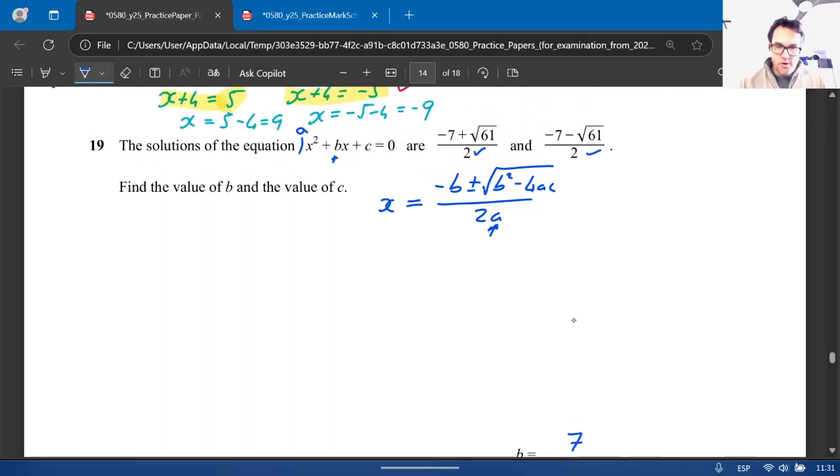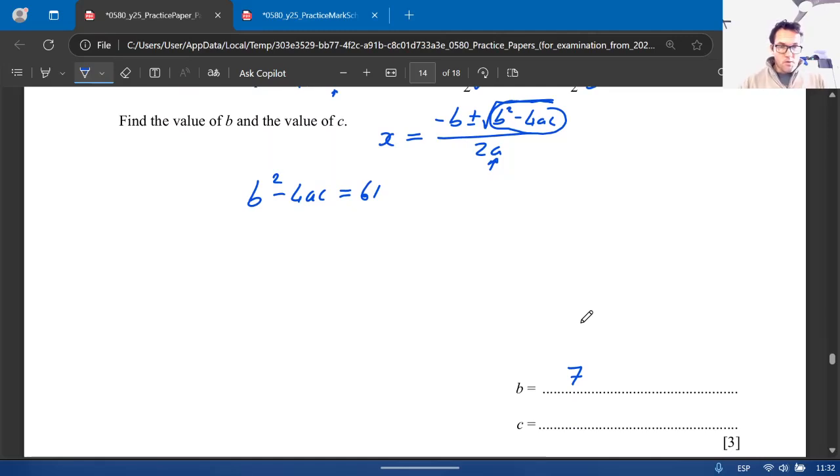Now, under the root, we got a 61. And that means all of this under the root, b squared minus 4ac, should be equal to 61. But I do have some information already. Just figure out the b is 7.